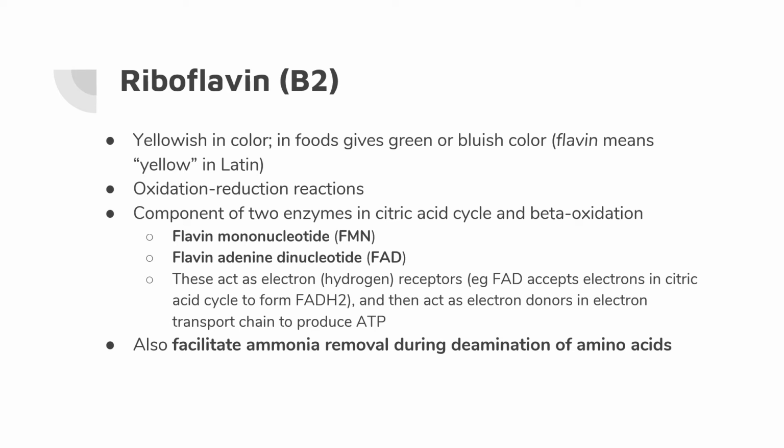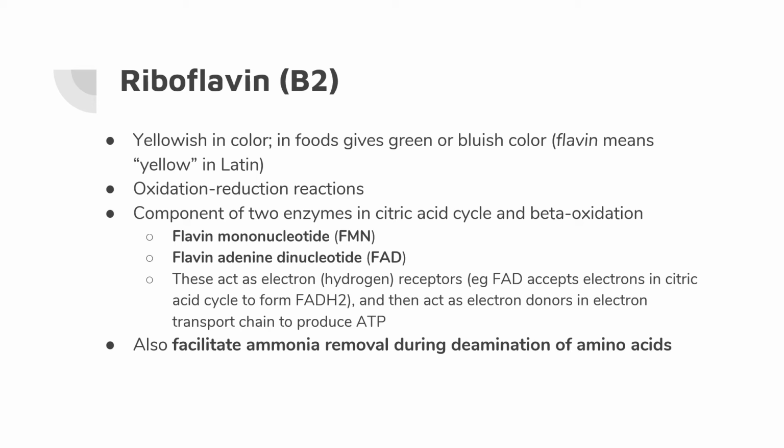Another role of riboflavin is its facilitation of ammonia removal during processing of amino acids. So remember, if we have excess amino acids beyond what we need, we can convert them to fatty acid molecules or to glucose molecules, depending on whether they're glucogenic or ketogenic amino acids.